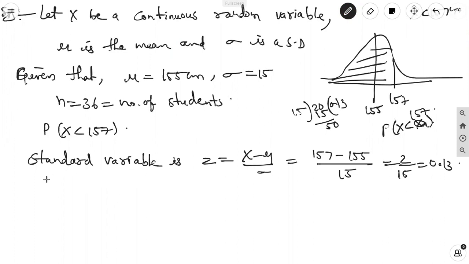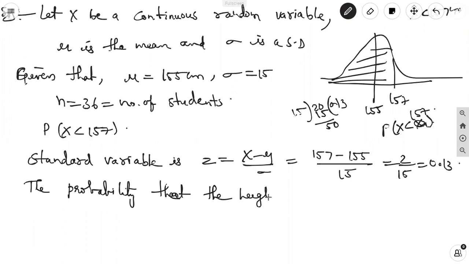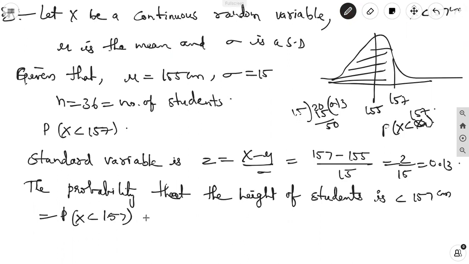From this, we can calculate the probability that the height of the students is less than 157 centimeters is equal to probability of x is less than 157 equal to probability of z is less than 0.13. It is equal to z equal to 0.13.